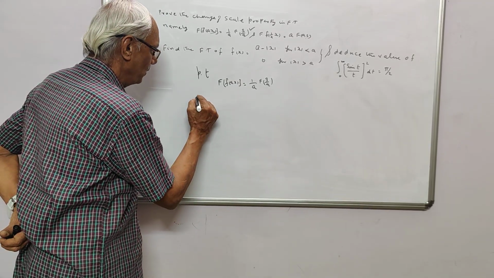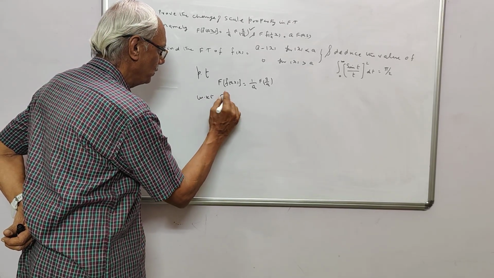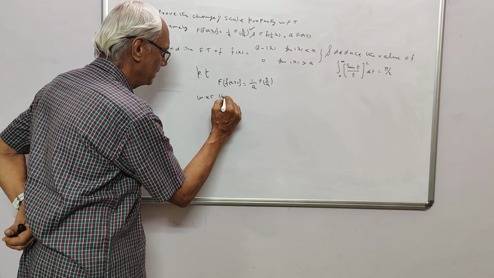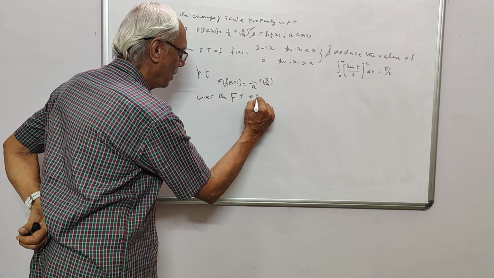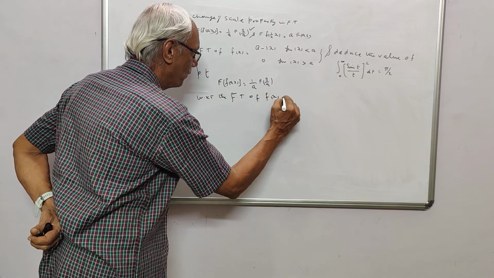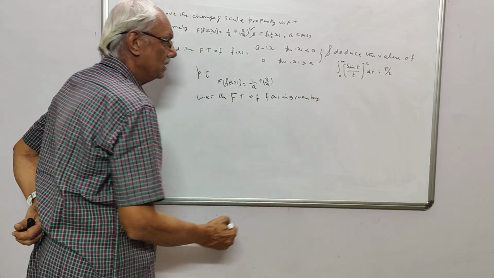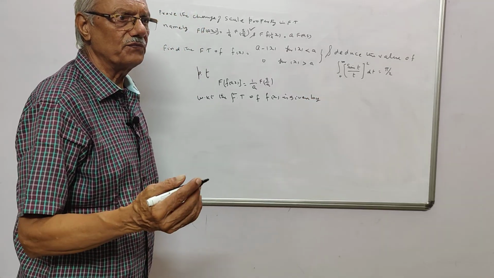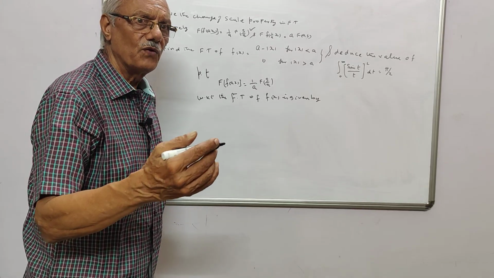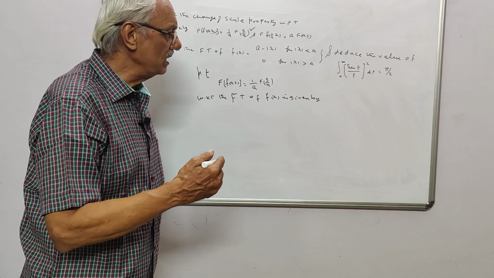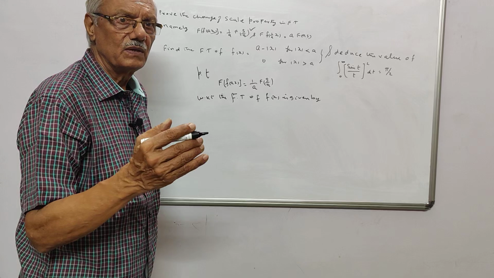Now you see that here it is very simple and straightforward. We know that the Fourier transform of f of x is given by, see, unlike the function f of x defined in certain intervals for Fourier series, here it is defined over minus infinity to plus infinity.